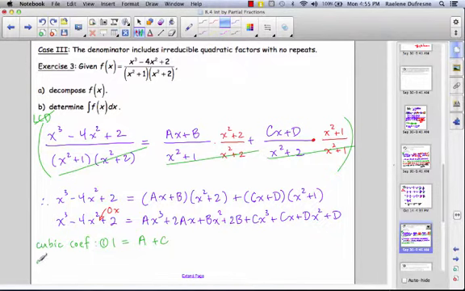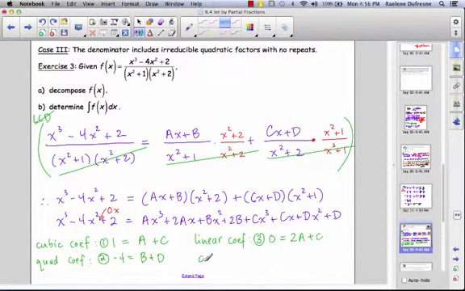Our quadratic coefficient, or the coefficients for x squareds, tells us that negative 4, so this is equation number 2, negative 4 is equal to b plus d. We have linear coefficients giving us equation 3, which says that 0 is equal to 2a plus c.